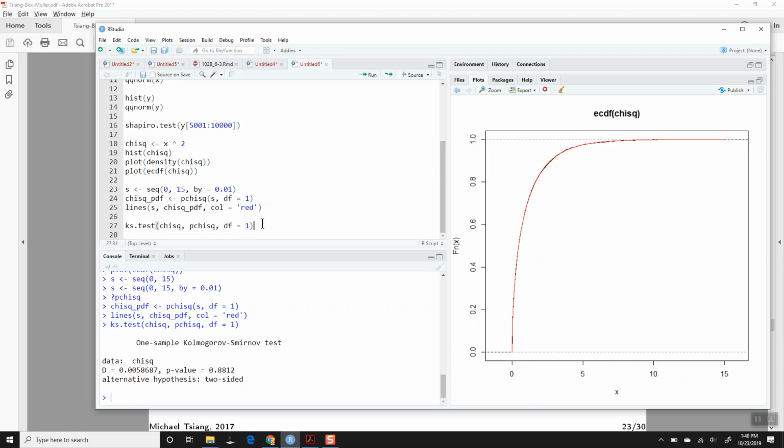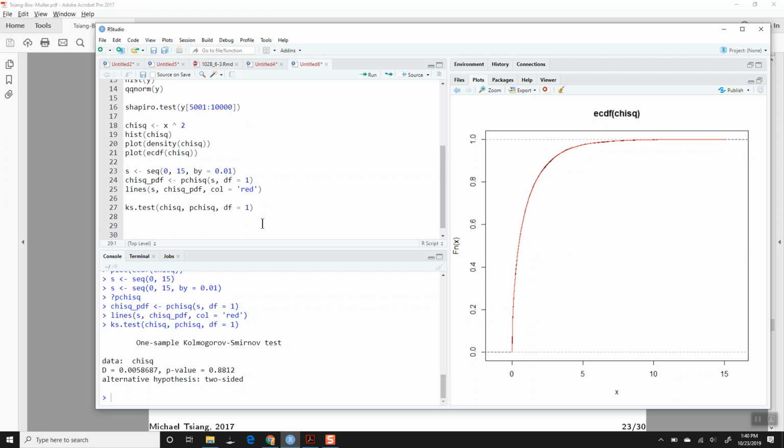All right, if we wanted a chi-square distribution with, say, 5 degrees of freedom, what I'll do is make a chi-square matrix. I'm going to take all of my chi-squared values and turn them into a matrix, with number of columns equal to 5.